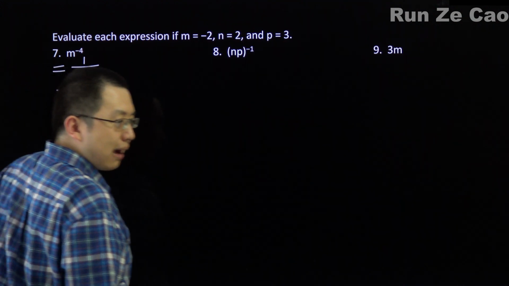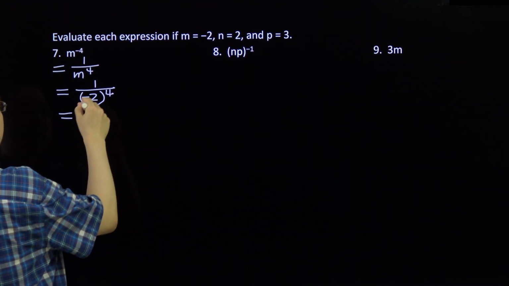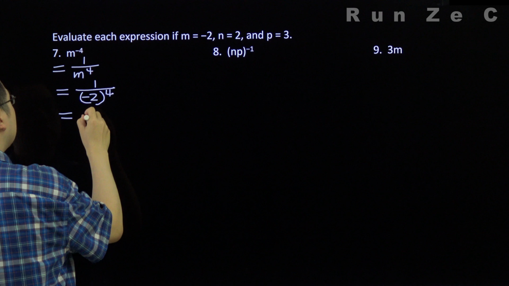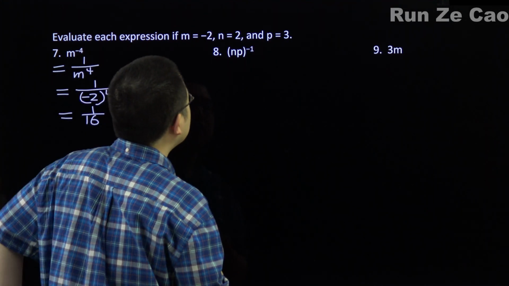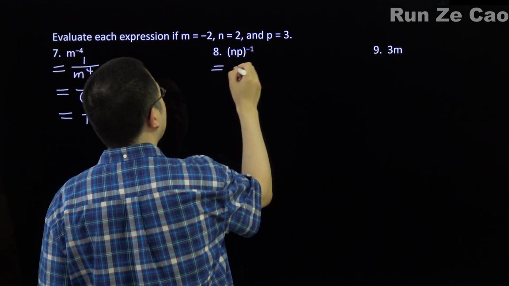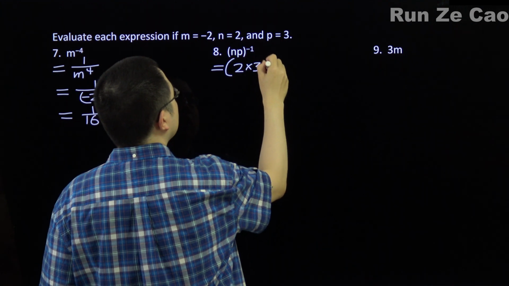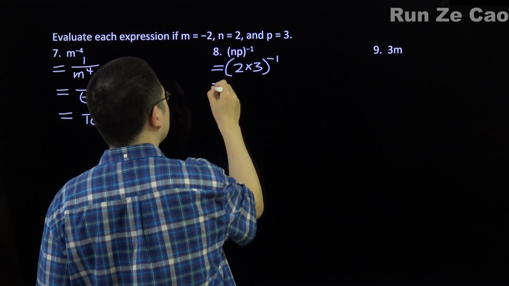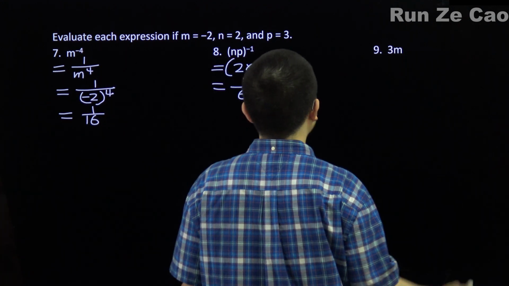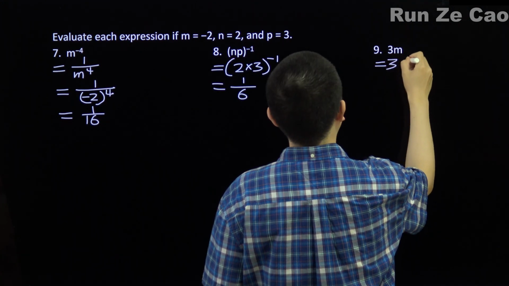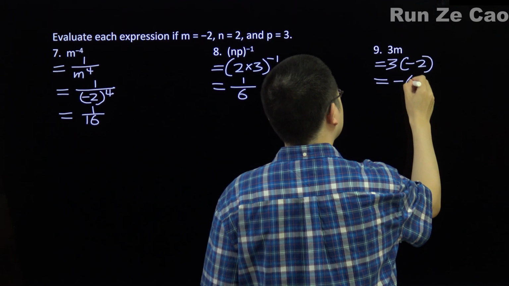Negative 2 to the fourth power, there's 4 negative symbols, so they cancel out, and 2 to the fourth power is going to end up giving you 16. 1 over 16. np to the negative first power, that's 2 times 3 to the negative first power, so 1 over 6. 3m, well, that's 3 times m, which is negative 2, so negative 6.